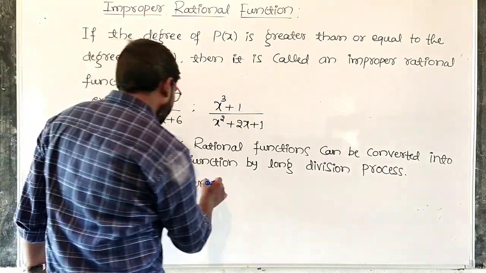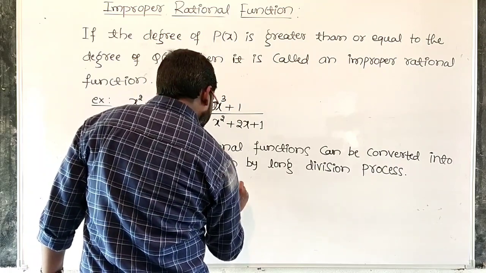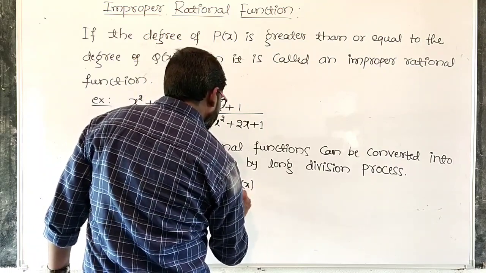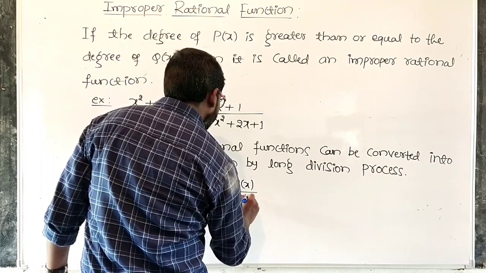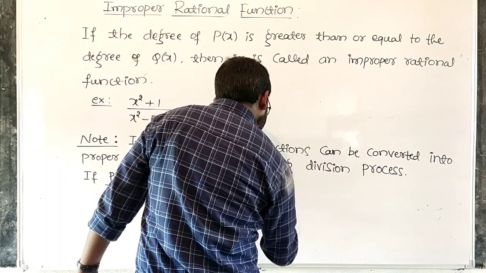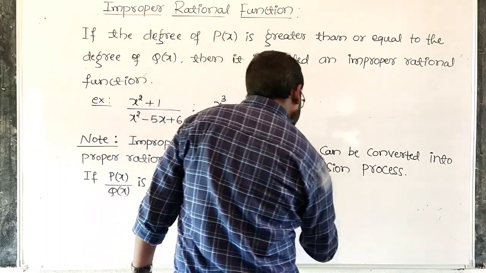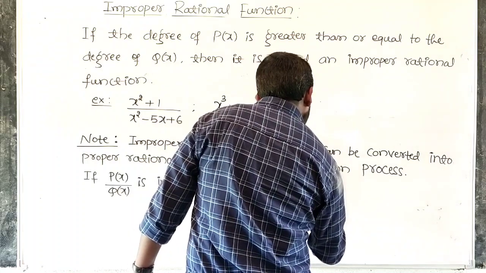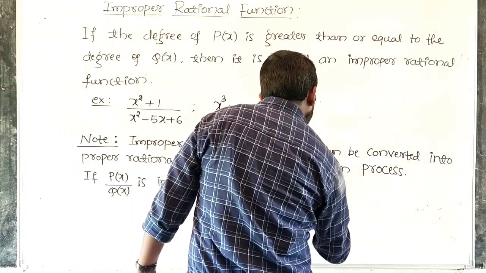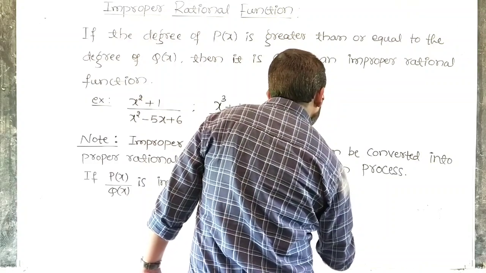See here, it is improper. This implies P of x divided by Q of x is equal to T of x plus P1 of x divided by Q of x.